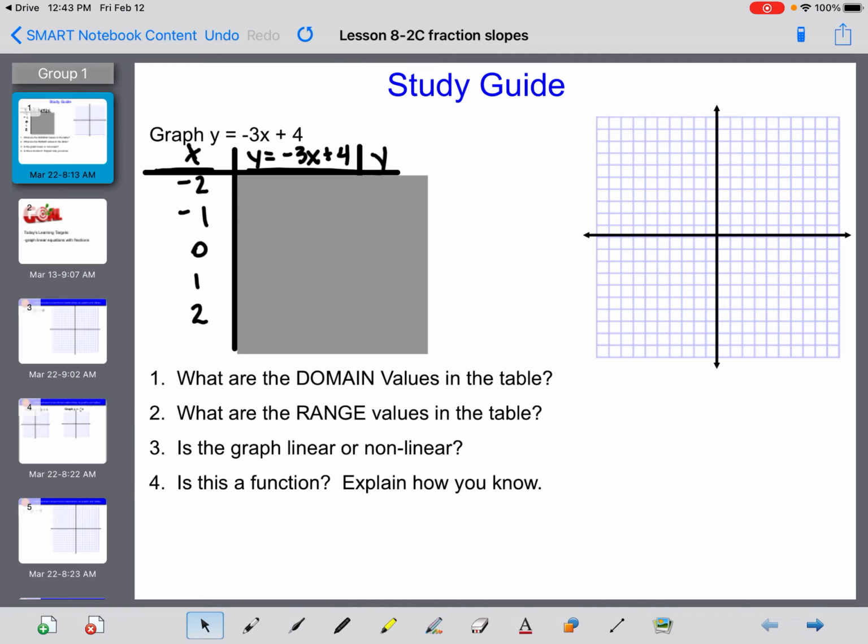As a review of our previous lesson, you are being asked to graph the equation y equals negative 3x plus 4. The best way to graph an equation so far has been to make a table of x and y values. While you can choose any x value you want, I find it easiest to choose the values of negative 2, negative 1, 0, 1, and 2.